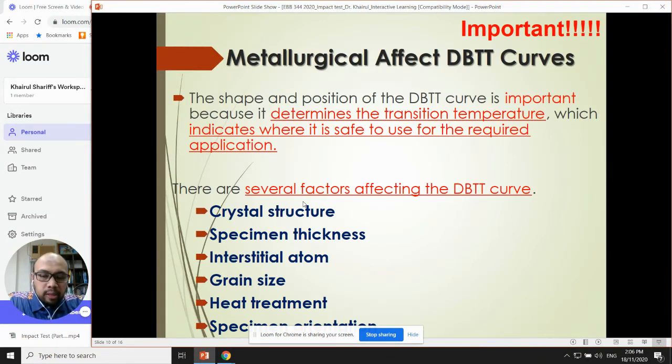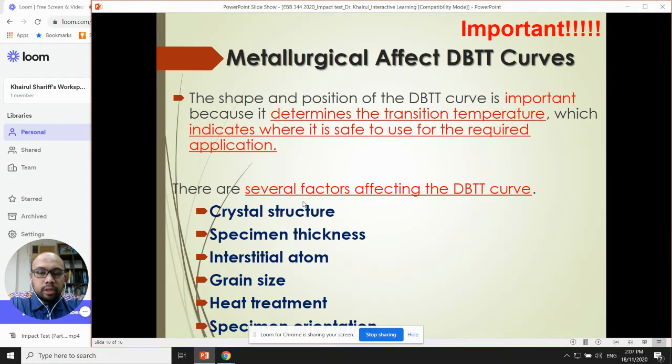In order to explain this, at the moment it is not crucial for you to understand every factor in depth. As long as you can list out these factors and give some brief explanation.